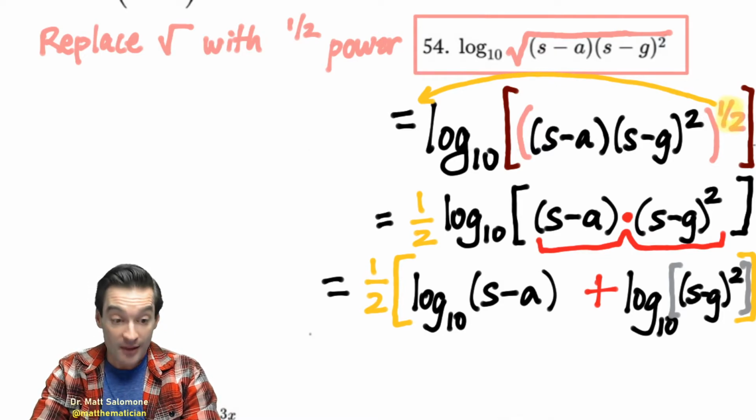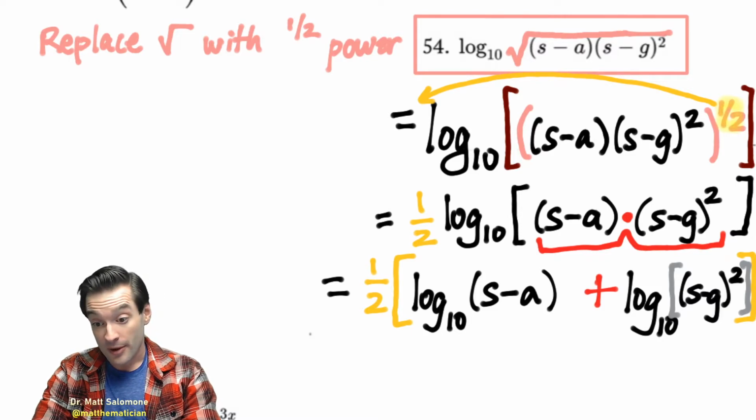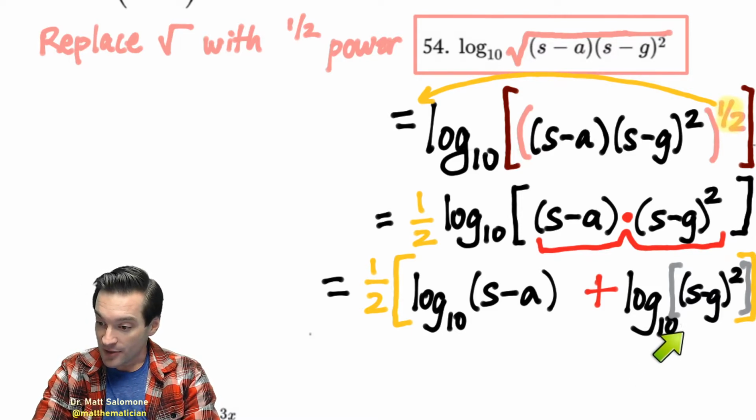There's only one thing left that I would want to do, and that's, once again, to look for more places to use these properties of exponents and logarithms. The one place that I'm finding that I can still use properties of logs is right here. I have a power inside of this base 10 logarithm. It's the log of the second power of s minus g.